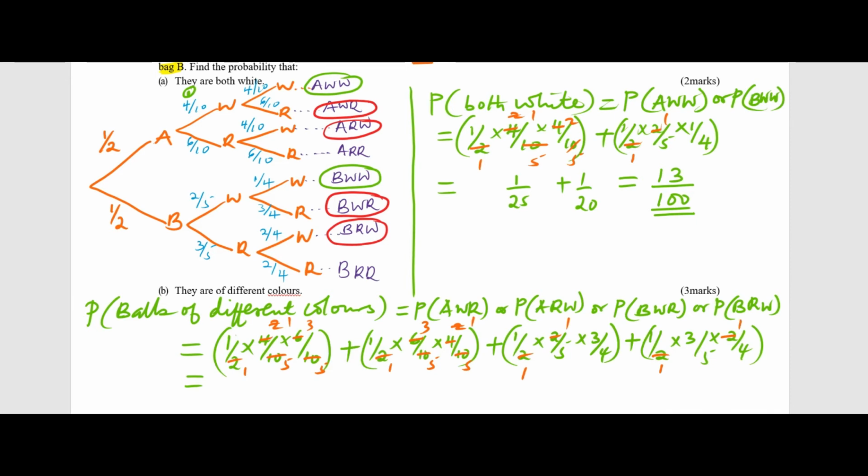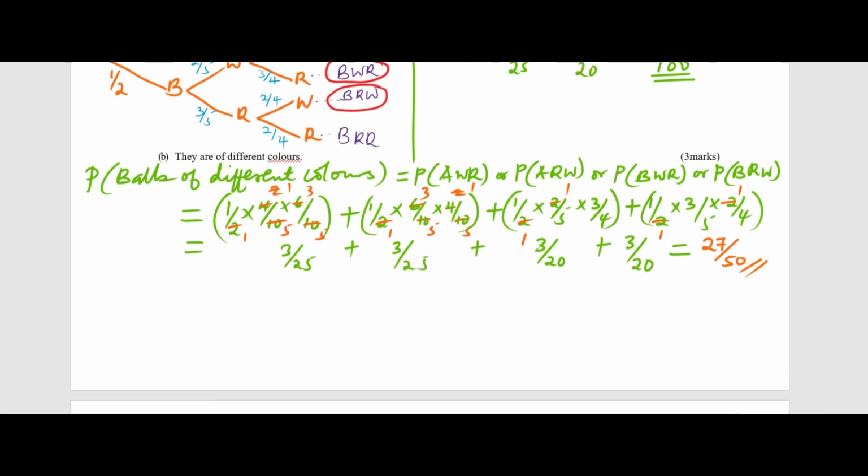So this will give 3 out of 25 plus 3 out of 25 plus 3 out of 20 plus 3 out of 20. And when you do that addition properly, you get 27 out of 50. So that is part B.